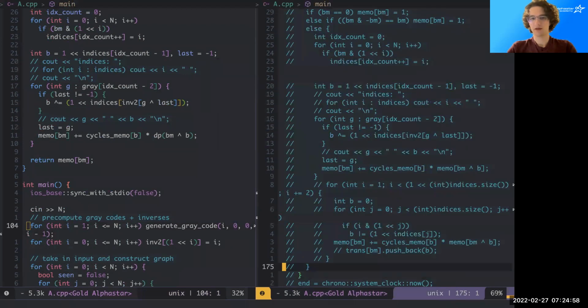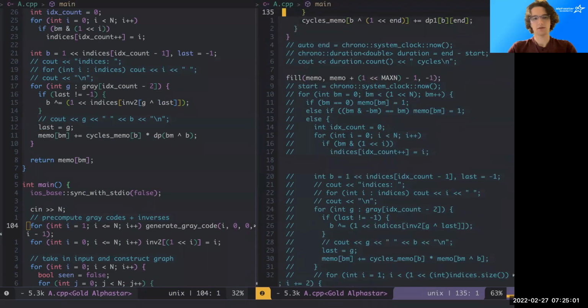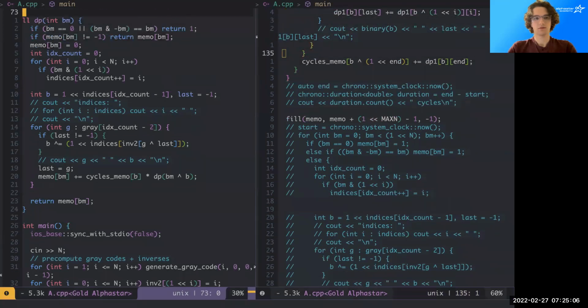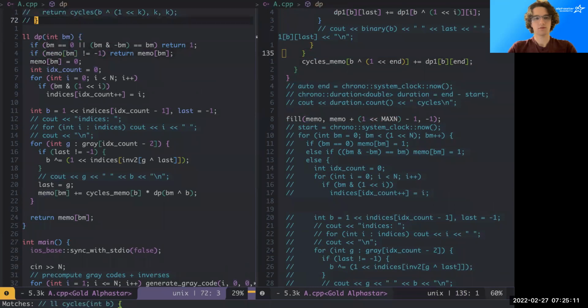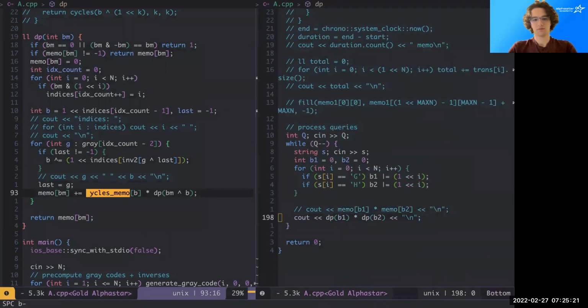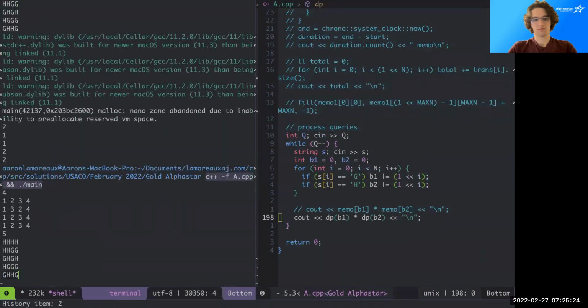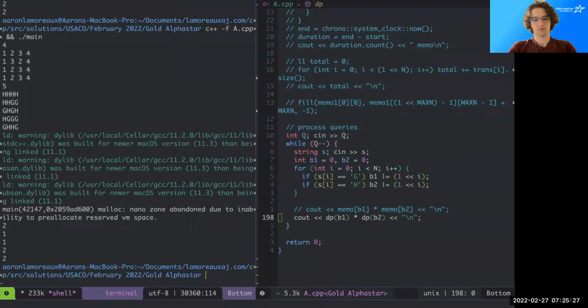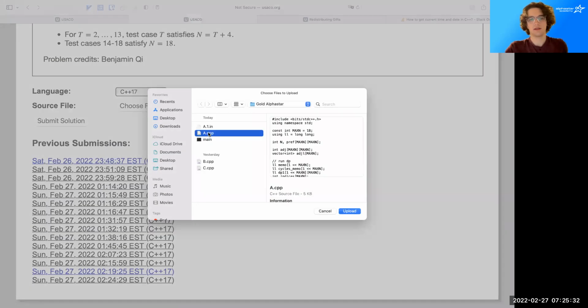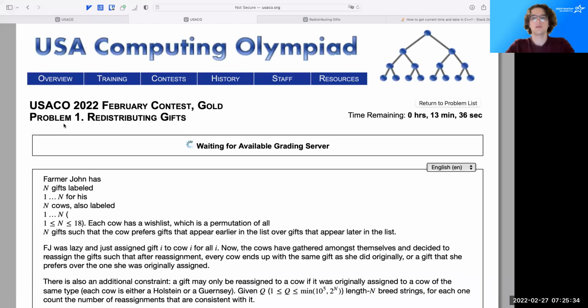So somehow we introduced a bug when we copied this code. And this gets wrong answers. I'm pretty sure this should give us wrong answer still.